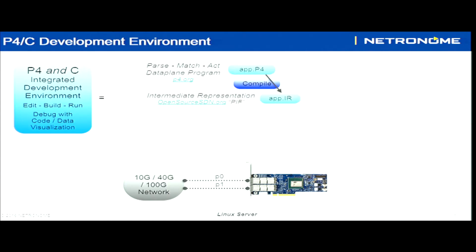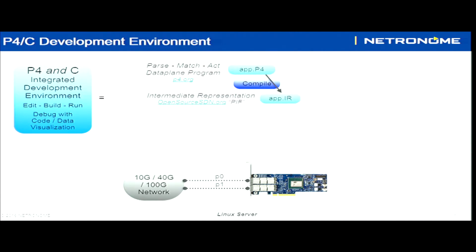In order to do that, we take your P4 program, and the P4 language is, of course, standardized at p4.org. We used a compiler to transform that to an intermediate representation. If you're familiar with the P4 compiler, it's got something called HLIR embedded in it.